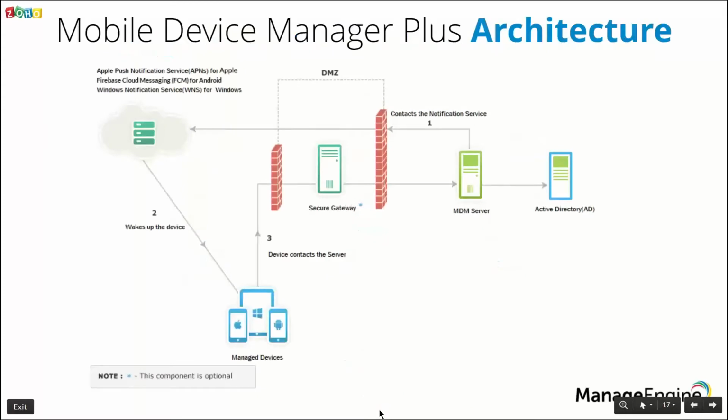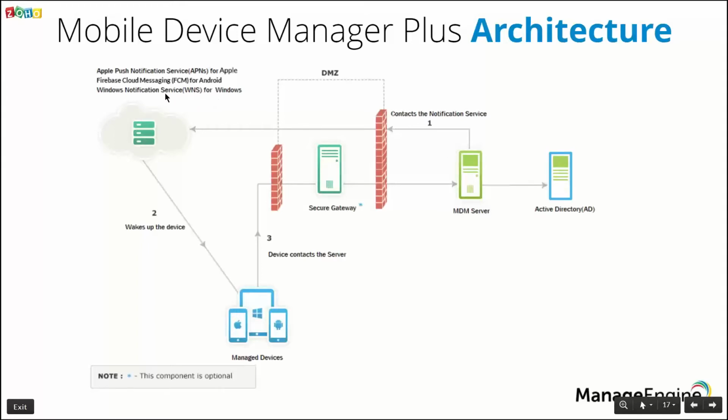Moving on to the architecture, MDM architecture has 3 main components: the MDM server, the mobile devices, and the notification services. These notification services are platform dependent. We have Apple Push Notification Service or APNS for Apple devices, Firebase Cloud Messaging or FCM for Android devices, Windows Notification Services or WNS for Windows devices.